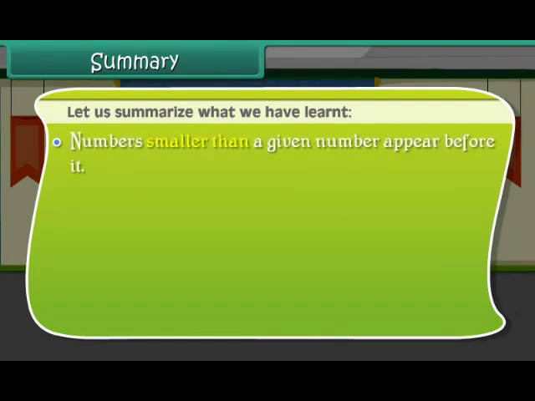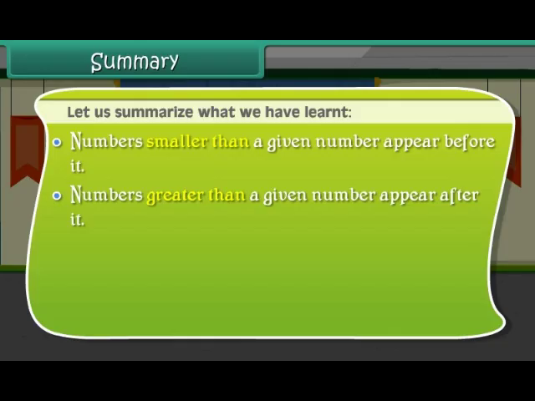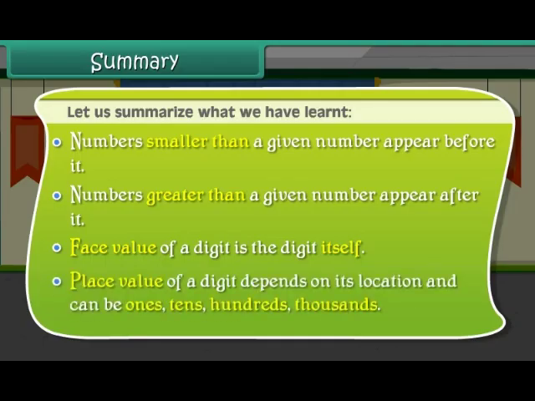Numbers smaller than a given number appear before it. Numbers greater than a given number appear after it. Face value of a digit is the digit itself. Place value of a digit depends on its location and can be ones, tens, hundreds and thousands.